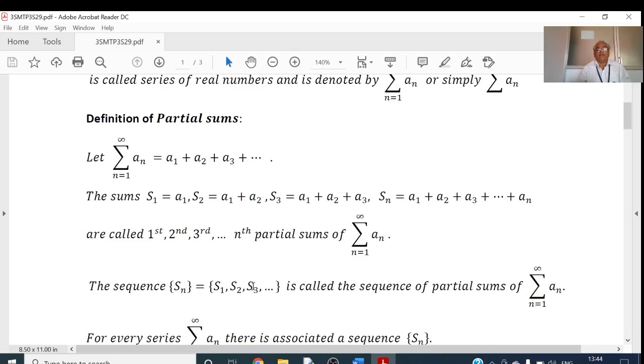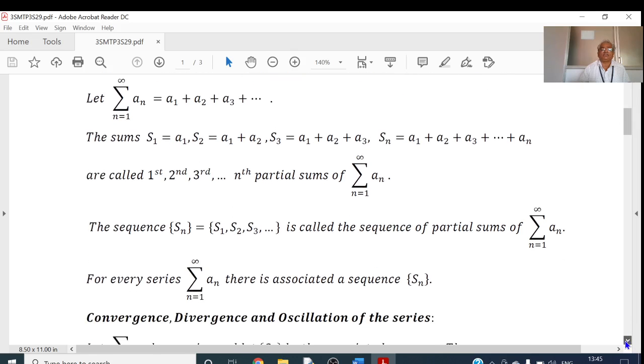This sequence is called the sequence of partial sums of the given series sigma an, and we call this the associated sequence. For every series, there is an associated sequence.